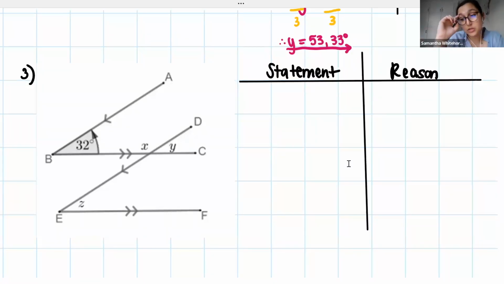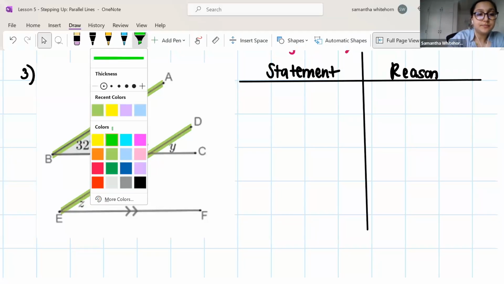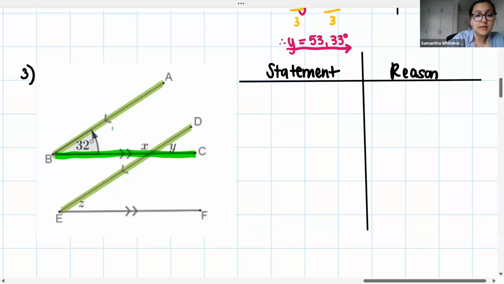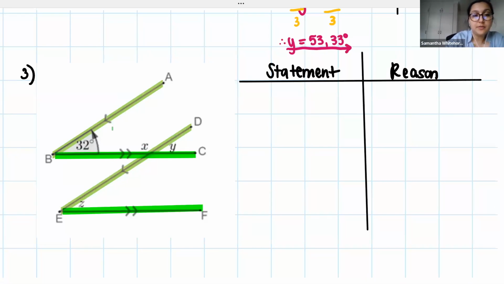What I am just going to do is I'm going to highlight for us our parallel lines, mostly because not only do we have that AB is parallel to ED, but we also have BC is parallel to EF.